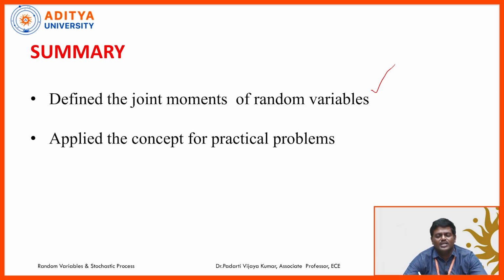Joint moment about the center or central value gives you the covariance. So we have seen the mathematical formulas of correlation and covariance, and also we solved many practical problems related to joint moments, like computing first order, second order, third order moments, all the possible moments, and the important parameters like covariance and correlation.